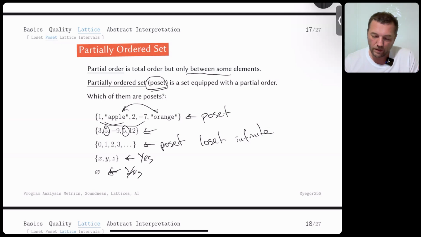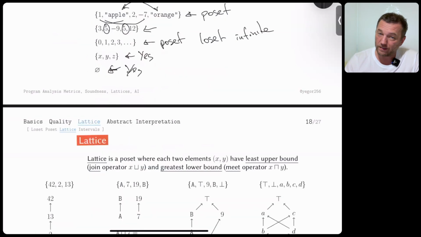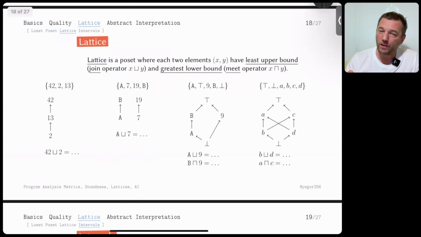And now the lattice. A lattice is a POSET, so it's a set where some of the elements are comparable. And there's an interesting quality which must be present in the lattice. Every two elements must have a so-called least upper bound and a greatest lower bound.